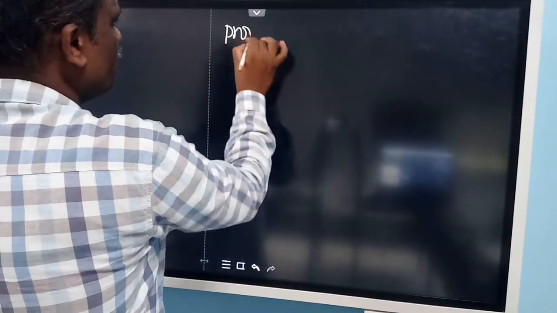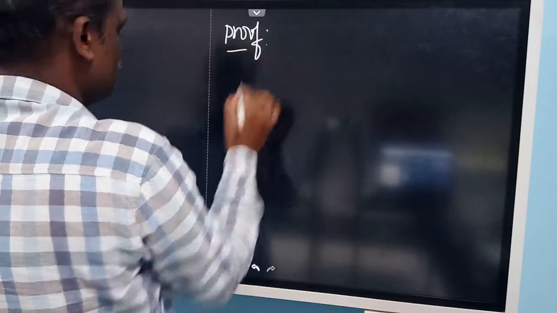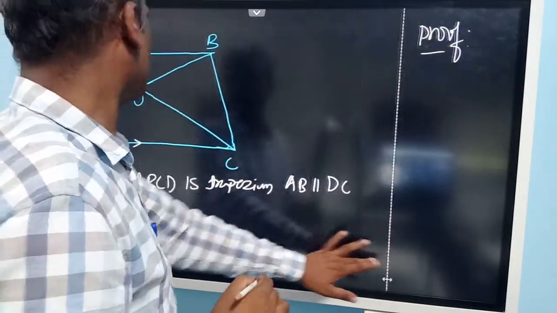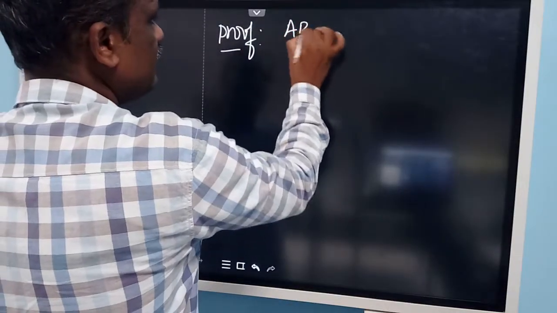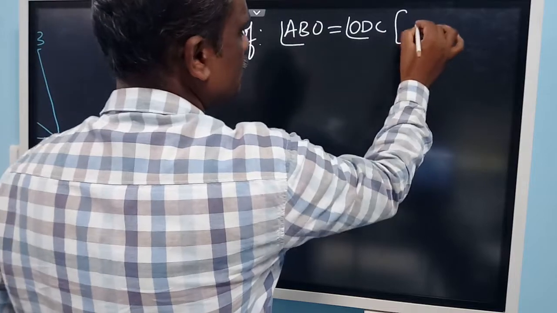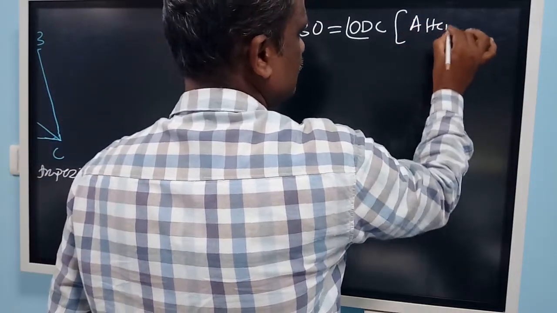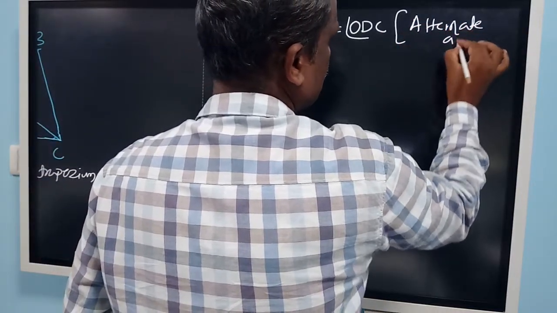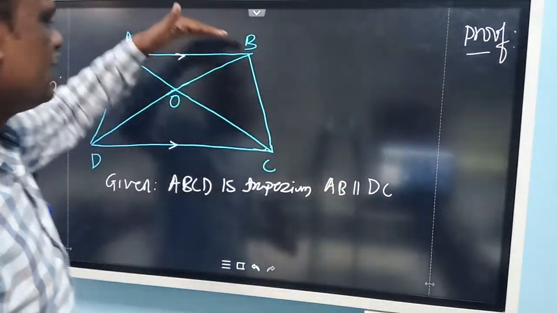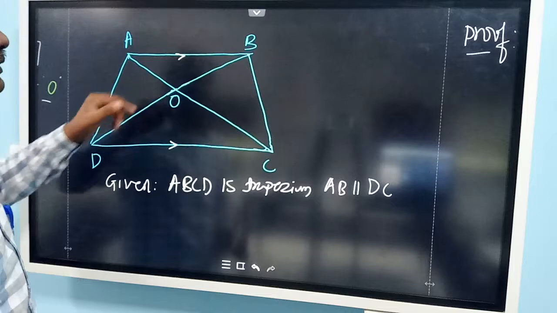So you can go to the proof. You can write angle ABO is equal to ODC. Angle ABO is equal to ODC. So you can write alternate angles, because AB is parallel to CD.